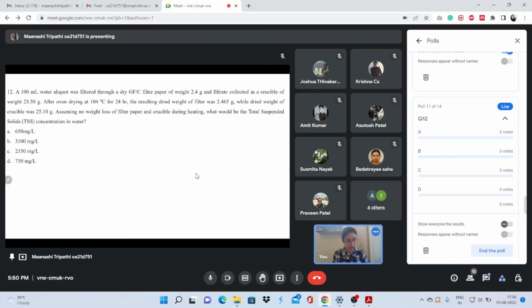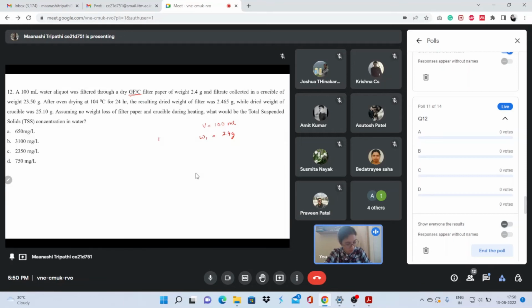The volume of water is 100 ml, and the water is filtered through a glass fiber type C filter. This is a glass fiber filter. It has very small pores. So the filter weight W1, you can say this is the filter weight, is 2.4 grams, and the filtrate is collected in a crucible of weight 23.50 grams.